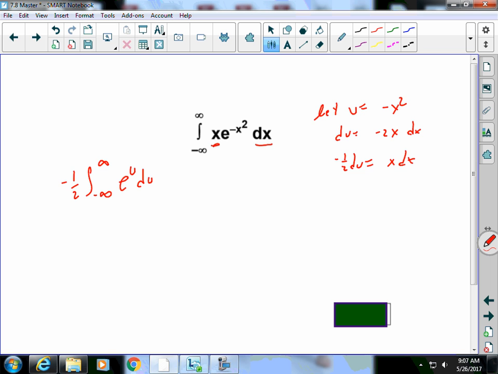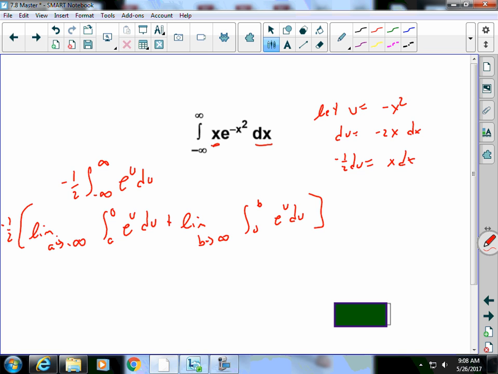This is another one where I can break it apart, so I will. The limit as a approaches negative infinity, and I have a negative 1 half out here, of the integral from a to 0 of e to the u du, plus the limit as b approaches infinity of the integral from 0 to b of e to the u du, close the parentheses.